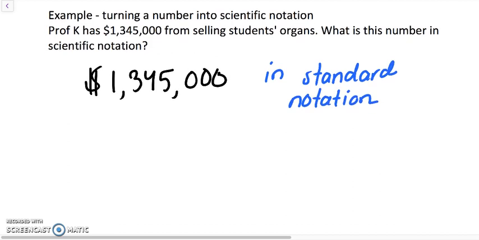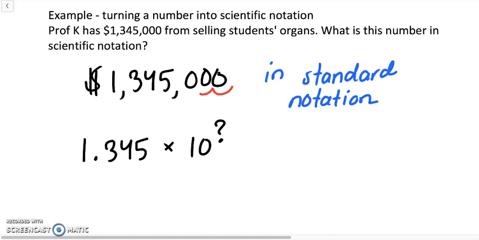To turn this into scientific, we're just going to rewrite this number, and we'll put a decimal point right before the leftmost number. So this is what I have. You don't have to worry about the trailing zeros. Then multiply this by 10 to something power. To figure out that something, we're going to start from the right and count how many digits.